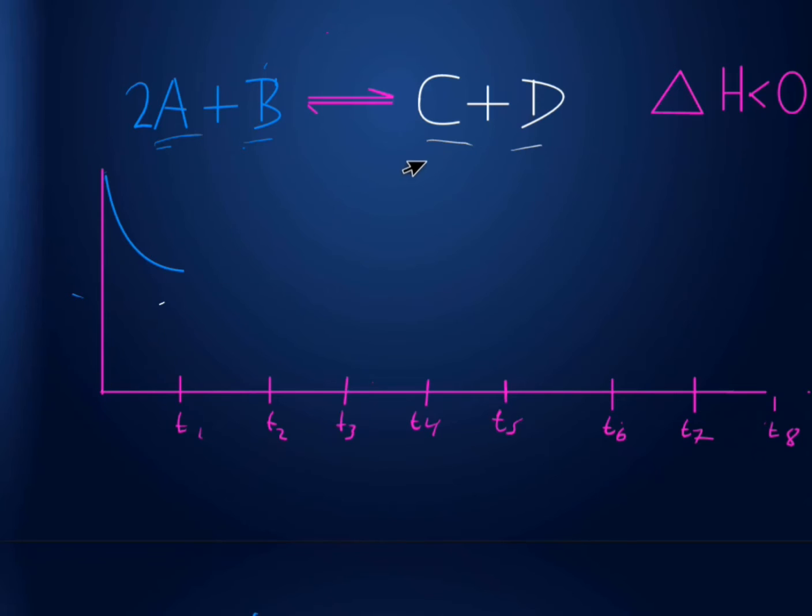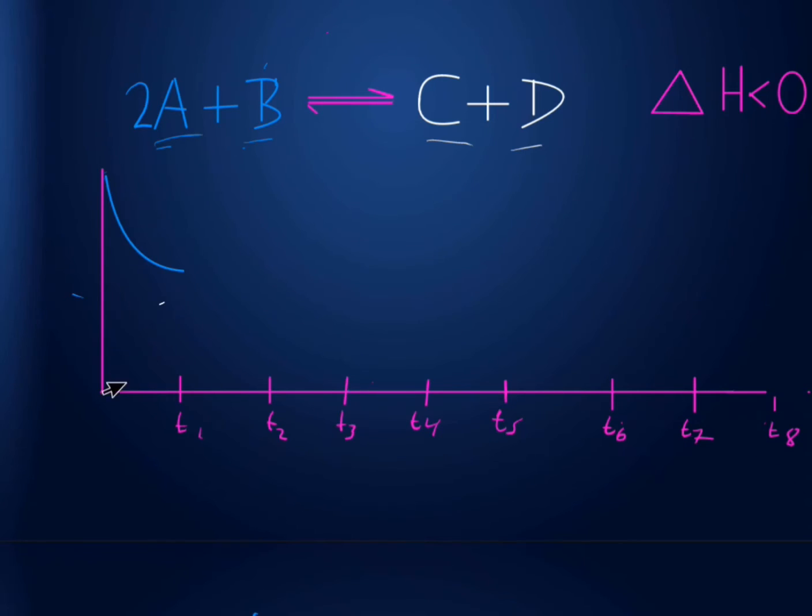But as time goes on, the products will start being formed, and as the product starts being formed, the concentration of the product is increasing. And when the concentration of the products is increasing, we're now able to have a reverse reaction. Therefore, the rate of the reverse reaction will also start increasing. So this is what we will have.